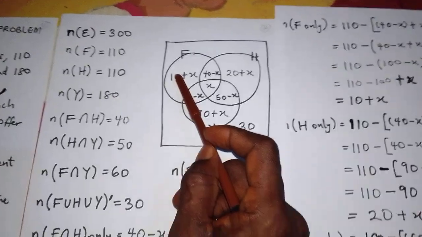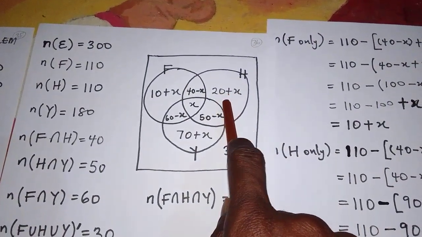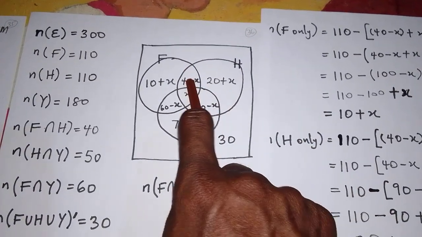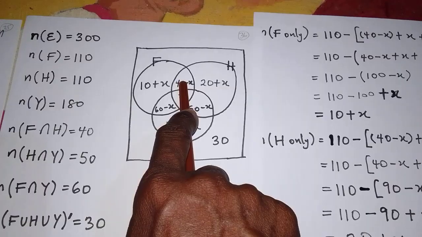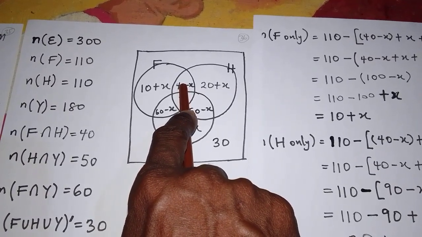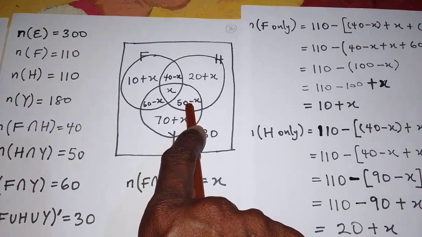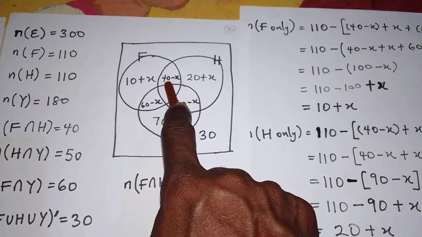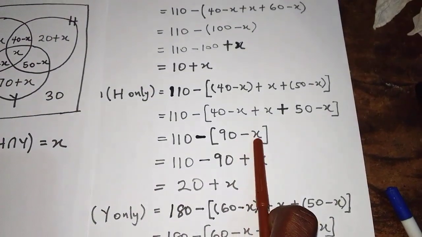Now, to know those that offered history only. For those that offered history only, that means you first add those that offer history and French only, those that offer the 3 subjects, and those that offered Yoruba and French only, and add all this together, you realize you get 90 minus x.